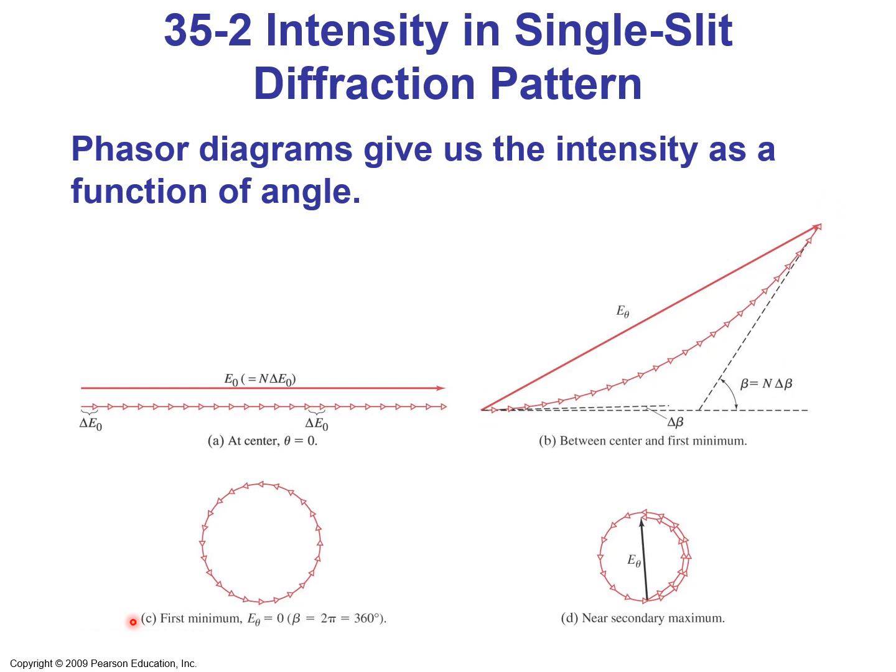For the case of a first minimum, all the phasors or wavelets have a beta equal to 2 pi or 360 degrees, and E theta, or the intensity at that point, is equal to 0, and that forms the first minimum. For the case of a near secondary maximum, beta is different than 2 pi, and we still have some intensity at the point near the secondary maximum.